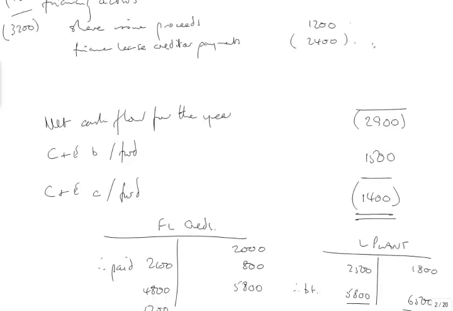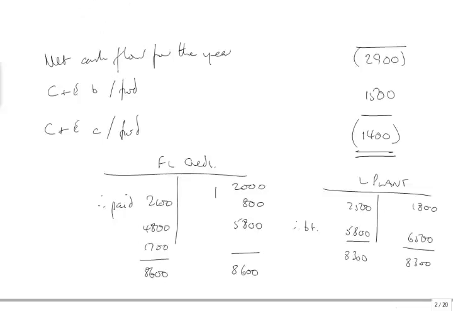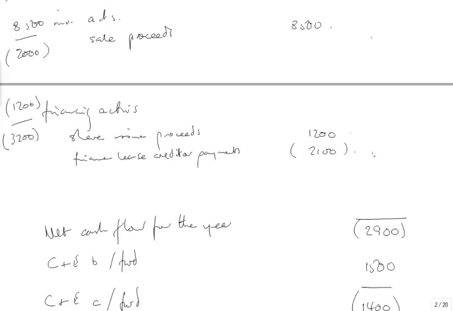The reason I've got 2,004 is because I included the 300 interest in the finance lease charges, but of course 300 is not included in these figures. The interest is separately dealt with as a finance charge and is not shown within the finance lease creditor account. So 2,100.